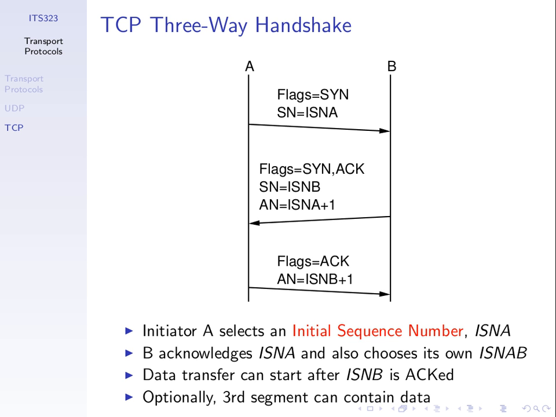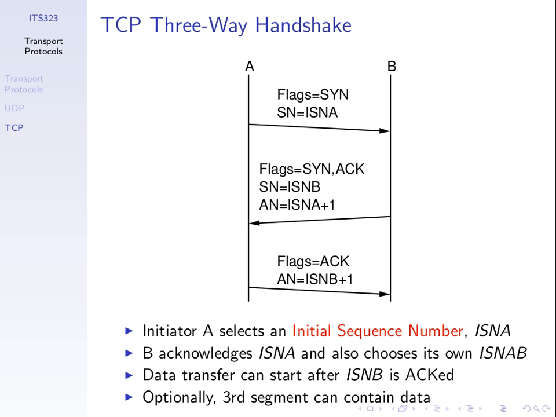And the second purpose is to acknowledge the value A chose. A chose a value, told B, B sends an ACK, that is, it sets the ACK flag to true and sets the acknowledgement number to the value that A chose plus 1. Because normally our acknowledgements indicate the next value expected. So it's plus 1 in this case.